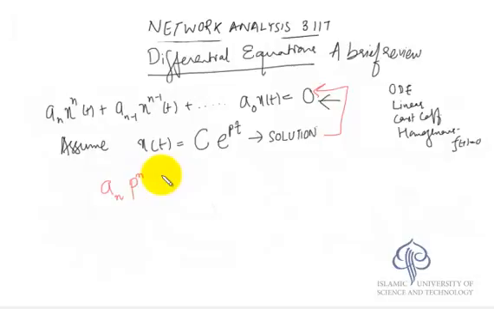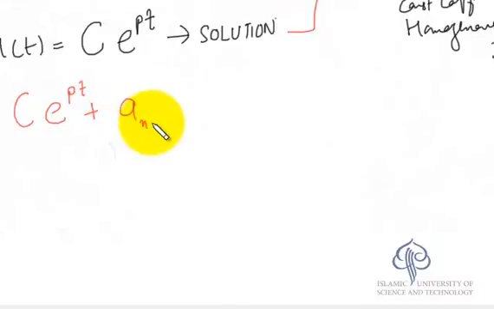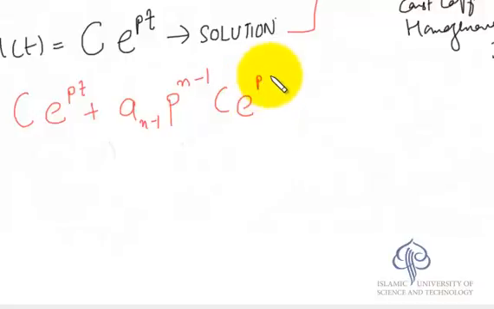And again you'll have c e to the power pt plus a_(n-1). Then again the (n-1)th derivative is going to be this. This will continue till you get a_0.